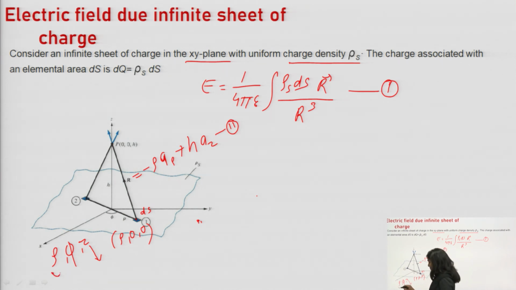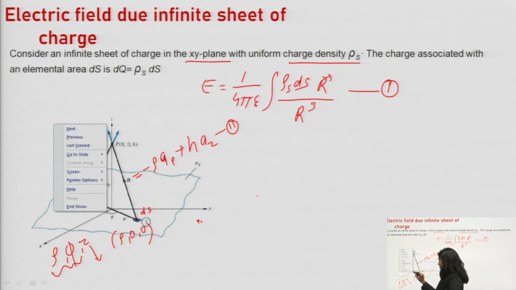So, we are left with these two quantities. Out of these two, rho is the radius of the cylinder, because we are dealing in cylindrical coordinates, and phi is the azimuthal angle measured from the positive x-axis to the rho.